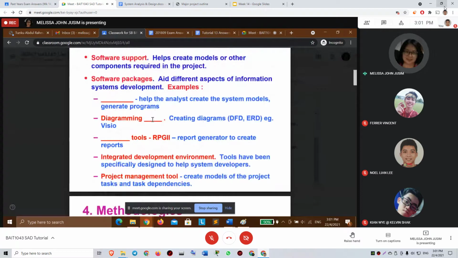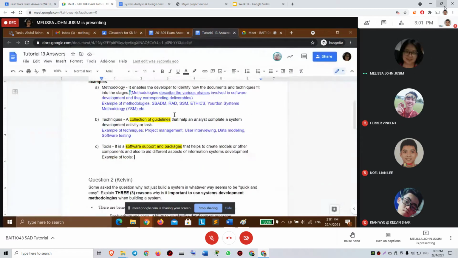We have the CASE tools. Okay, CASE tool. And then we have the drawing tool. We have the DBMS for our database, our project management software, and so on.